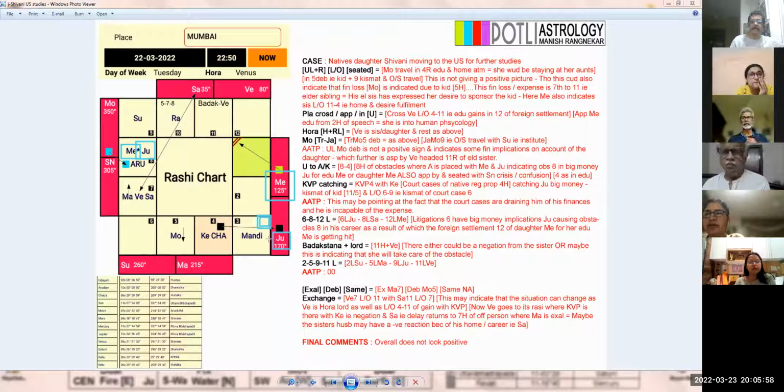Correct. So which two planets' connection has come here? Jupiter and Mercury. So what is it telling you? Venus has that much weightage. If you see Jupiter, Mercury, it is reading the same story.